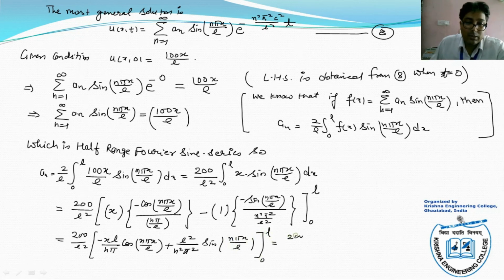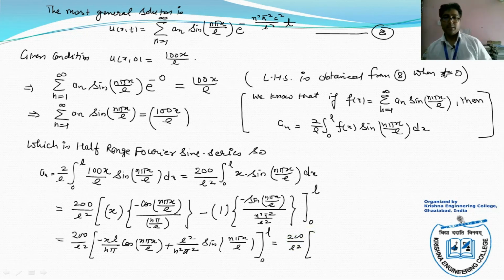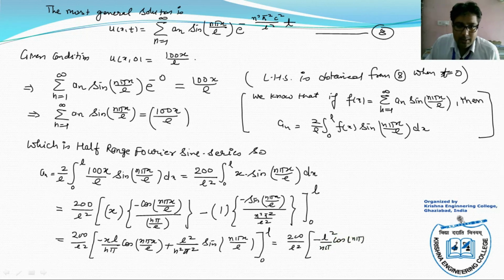Now 200 upon L square, put the upper limit, which is L. So this becomes minus L square upon n pi cos n pi, plus L square upon n square pi square sin n pi, right?